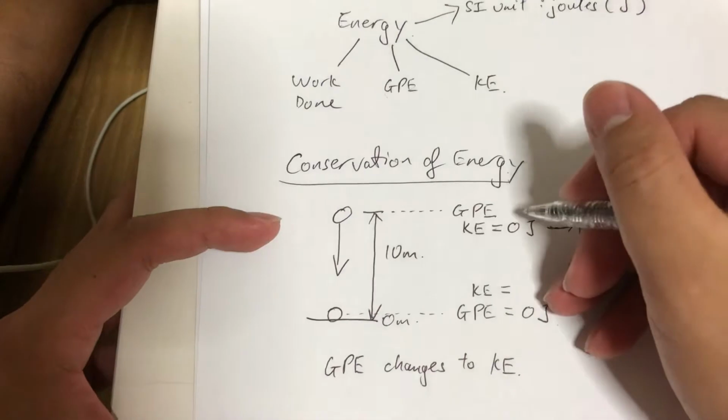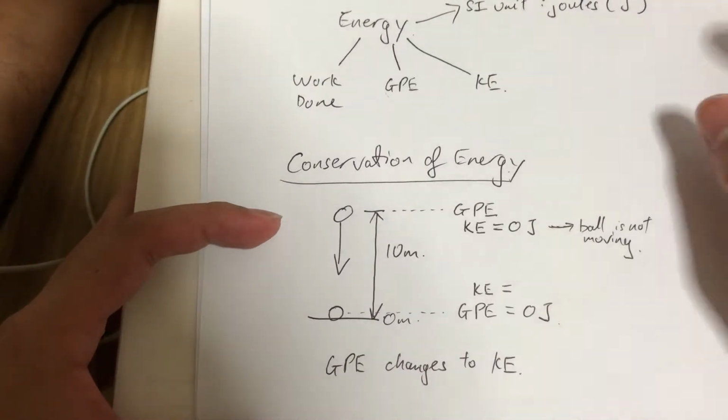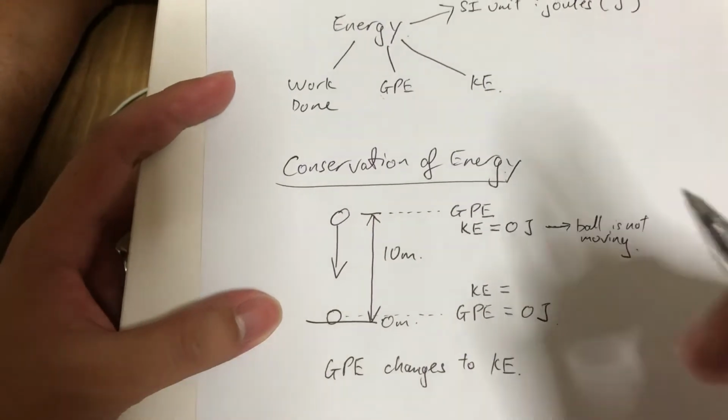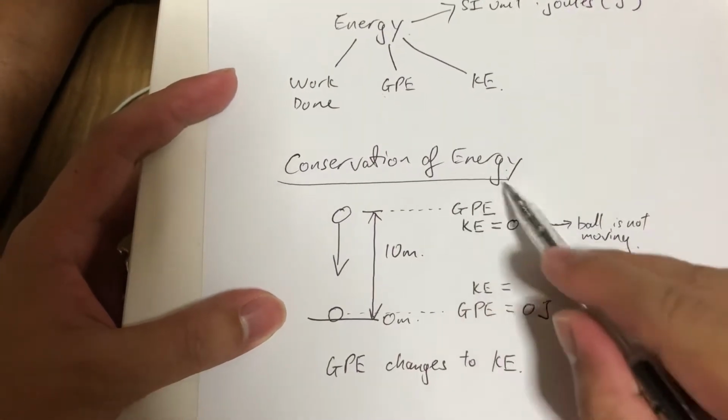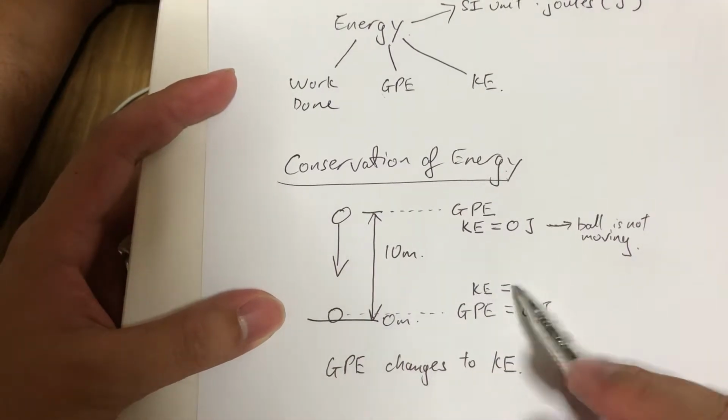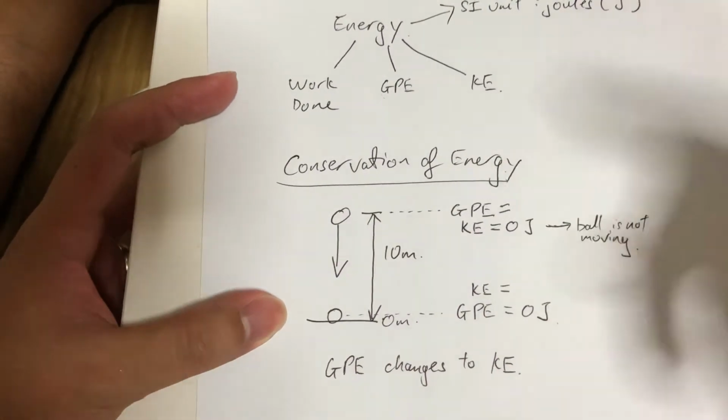In physics, or in an ideal situation to be exact, all the gravitational potential energy will be changed into kinetic energy at the end. What do I mean by that? Let's use some numbers.